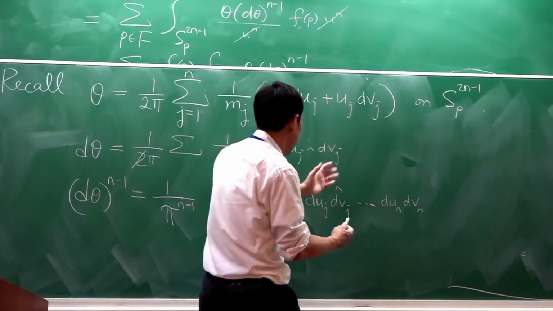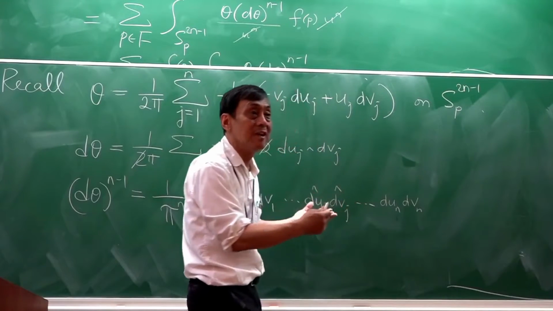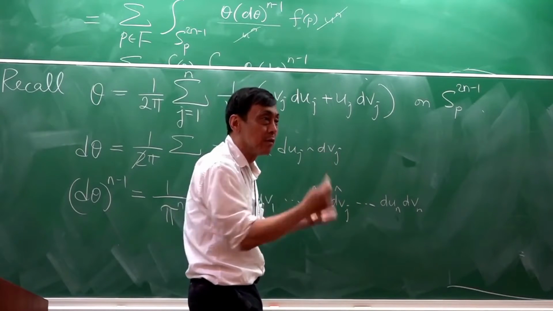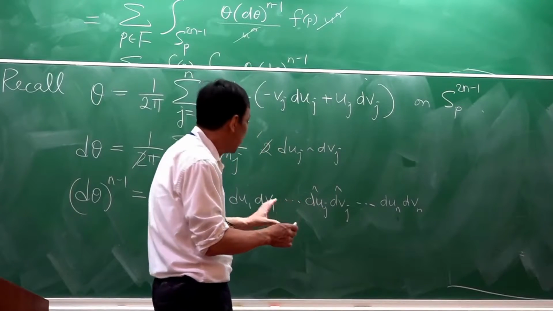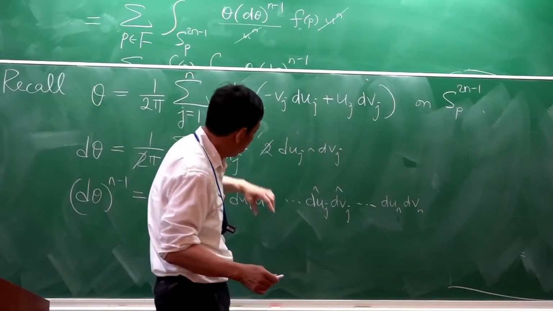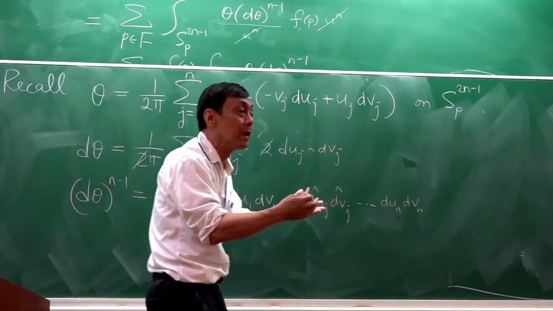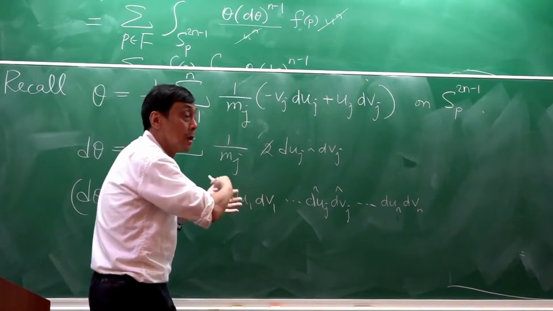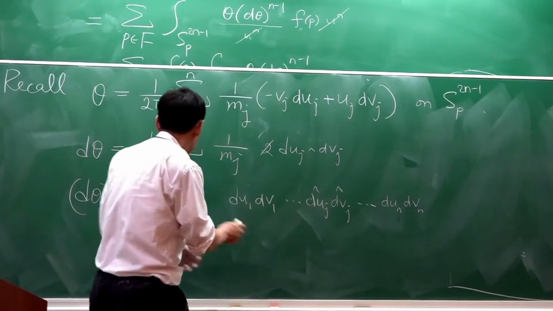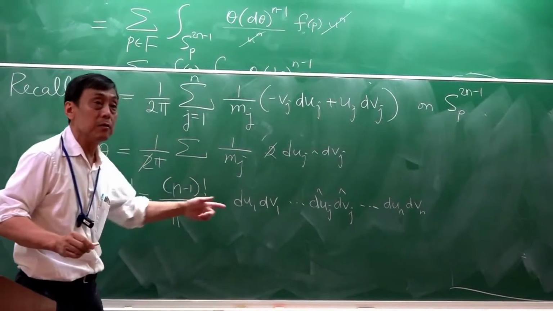When you multiply them out, you will get these guys in any order. Every order will occur once. And you rearrange them into this increasing order. You could do that because these are two forms, so there's no sign. So you have all possible orders. So you actually will get n minus 1 factorial terms like that.